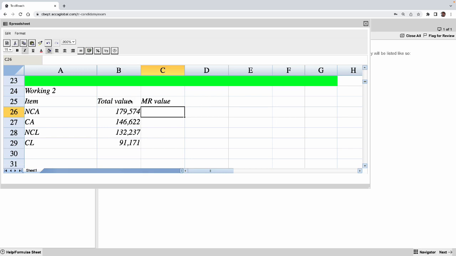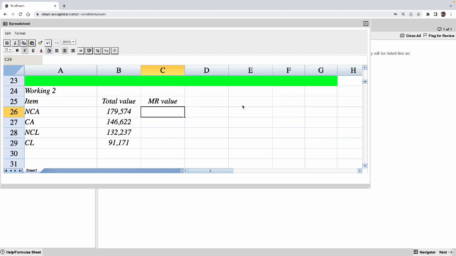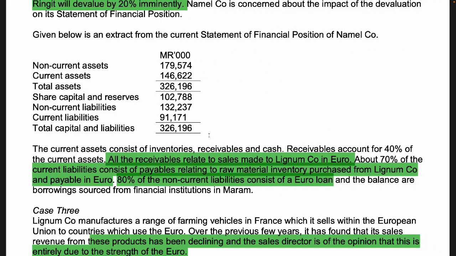Okay, these are the values. Let's look at this one. The value is going to be, well, how much is the non-current asset going to be? Well, it says here, current asset.